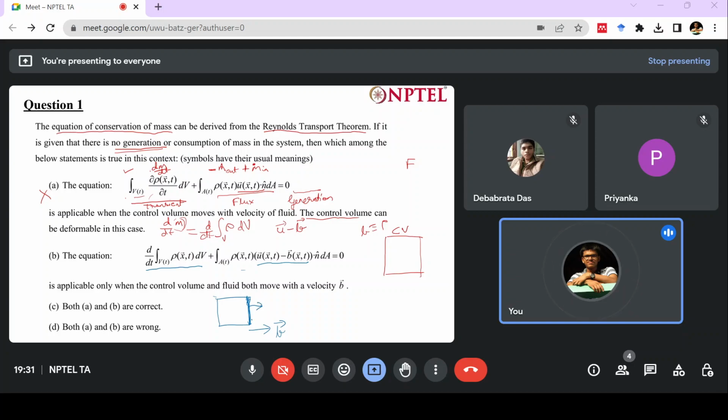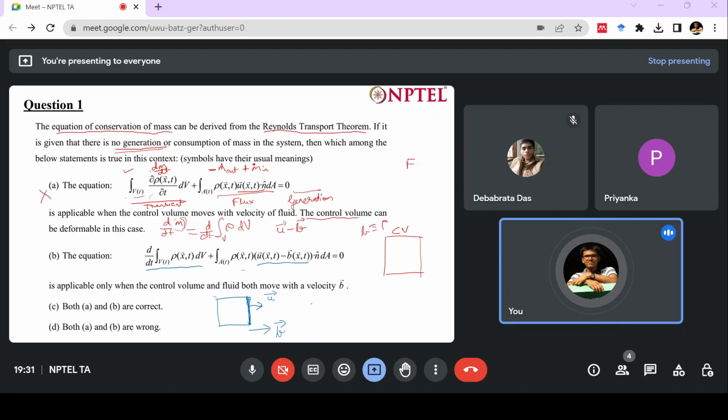If the fluid velocity is also v, what is the flux? The flux is zero, right? Because this edge is moving with the fluid. Now, if my fluid velocity is not exactly v, it is some arbitrary u, which is the generic case, right? If the control volume moves, the fluid need not move with the same velocity. It may move with some other arbitrary velocity. So let's say u is that velocity. To calculate my flux, which velocity should I use?